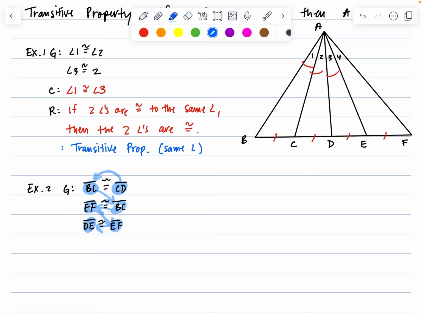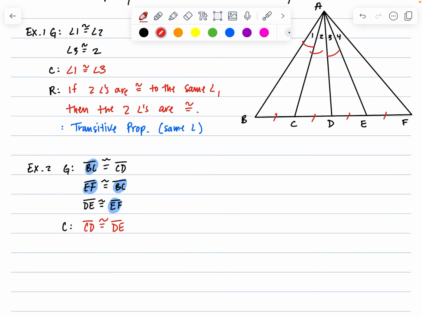The other way to think about this is a pairing game. We see BC here twice, we see EF here twice, and what's left out? That will be our conclusion. This is nice for the transitive property for that reason. And we see here our conclusion is CD is congruent to DE.